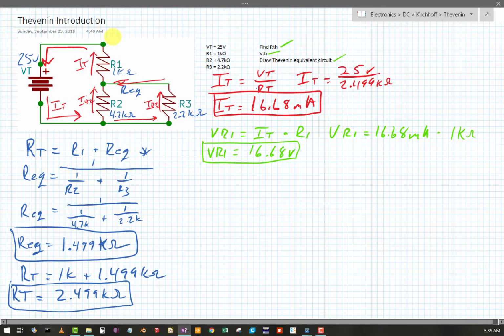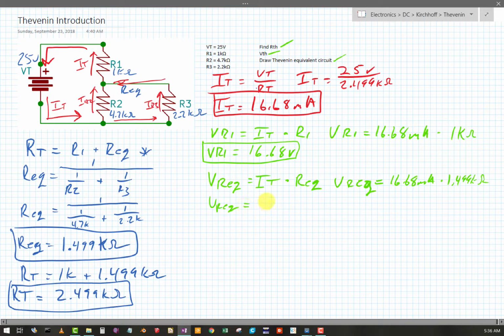Alright. Well, let's find the voltage over our equivalent network. Why not? So V of REQ is just a simple matter of IT times that REQ value that we found earlier. V REQ equals, now you're going to see hopefully a familiar number here, 16.68 milliamps times 1.499k ohms.